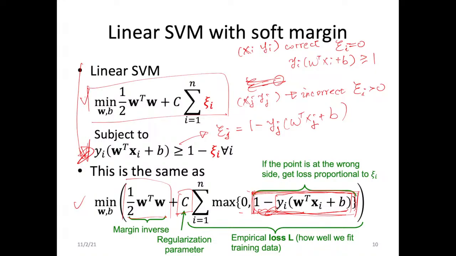So if a certain psi j is positive, then this will be the loss. Okay, so anyhow, the above problem here is equivalent to the formula here. We want to find the w's and the b's such that this entire equation here is minimized.